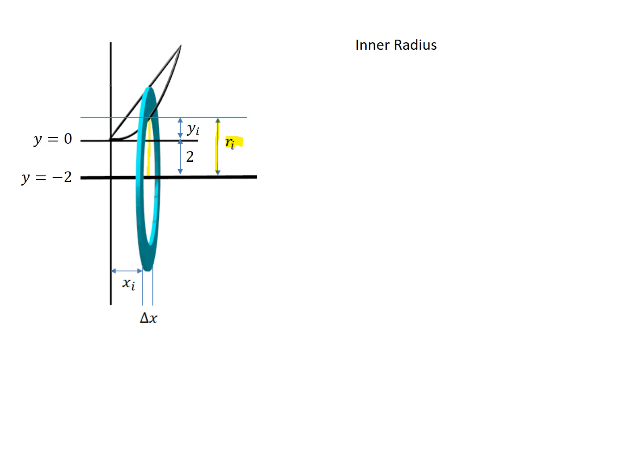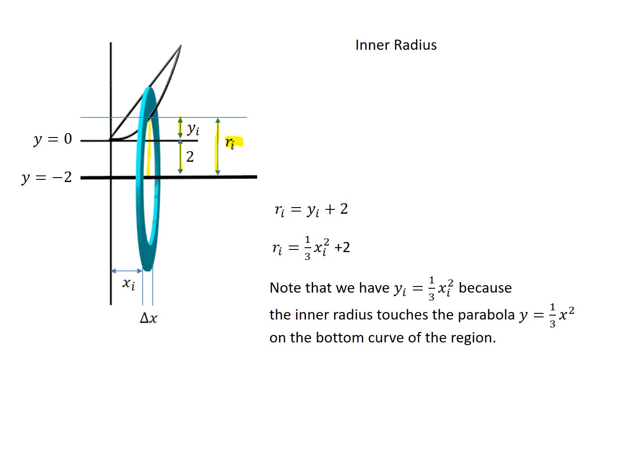Again, this point on the parabola is (x sub i, y sub i), so I'm going from the parabola down to the x-axis, but then I have to go 2 more units down to get to the line y equals -2. So r sub i is y sub i plus 2, which is 1/3 x sub i squared plus 2, because that point is on the parabola y equals 1/3 x squared. So now we have our inner radius.